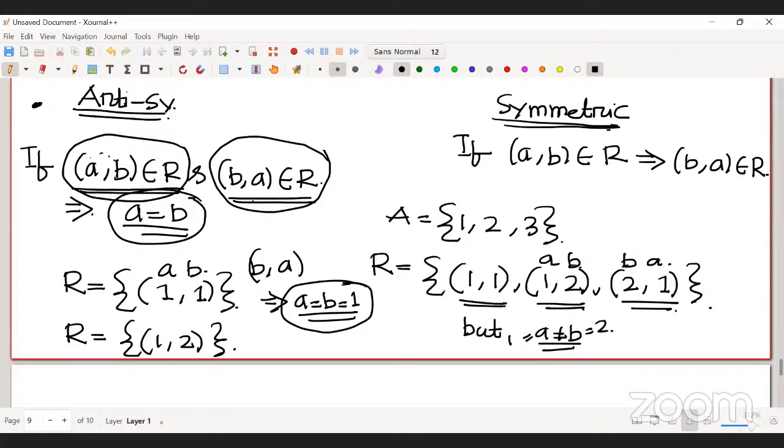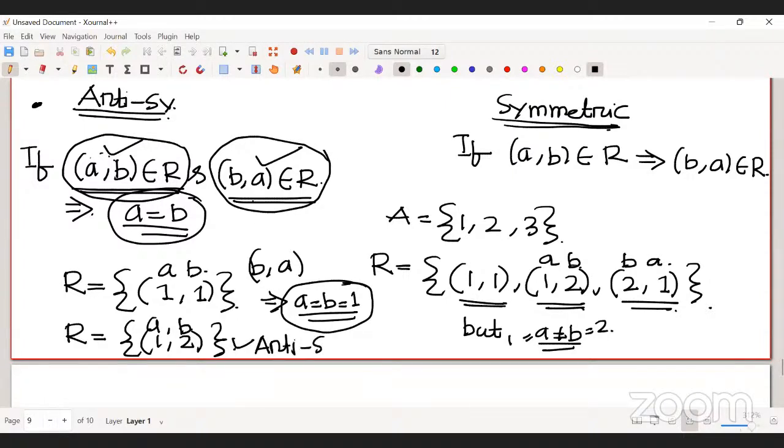Here A comma B is in R, but B comma A is not in R. If B comma A is not in R, then I don't have to check whether A is equal to B or not. So this is vacuously anti-symmetric.